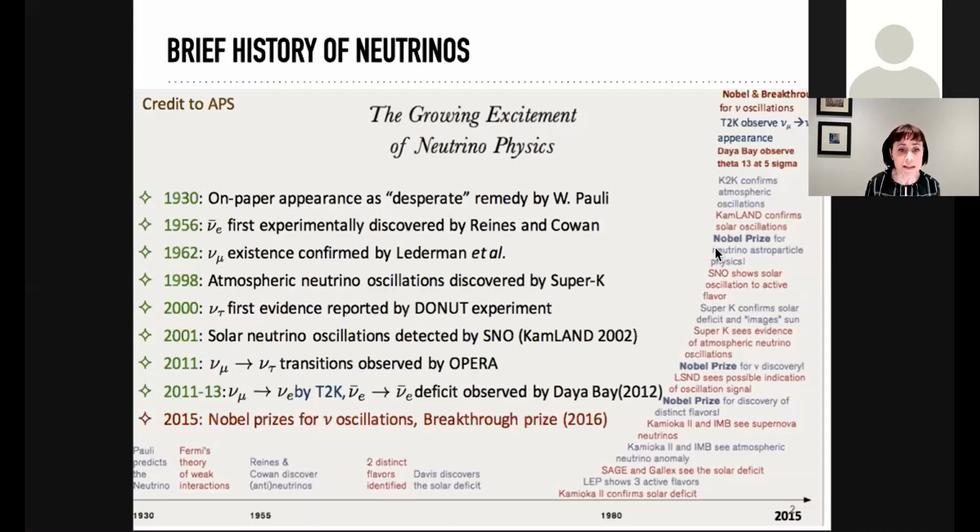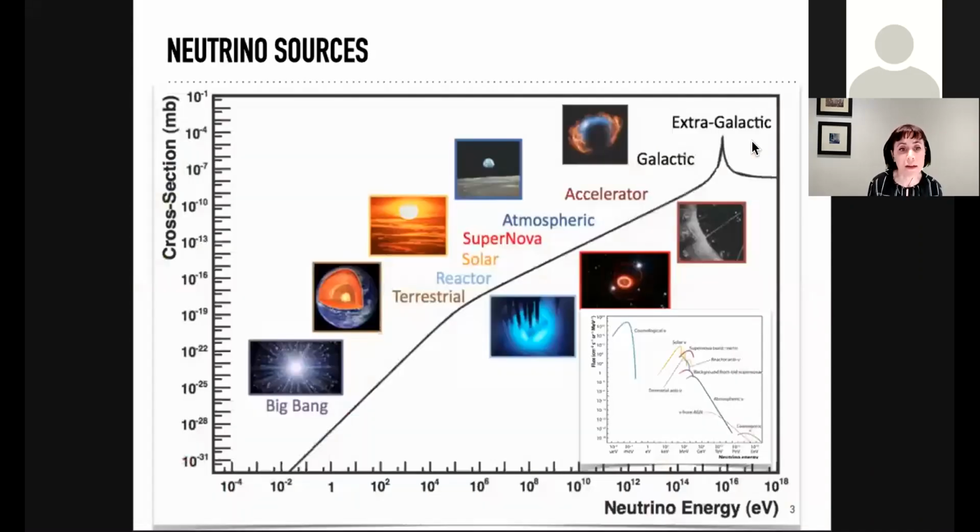But then you can see there's been a huge increase in the number of papers, and Nobel Prizes, for Super-K, for instance. The experiments really started to bring more knowledge, and the number of papers increased dramatically. But let's explore why they are important.